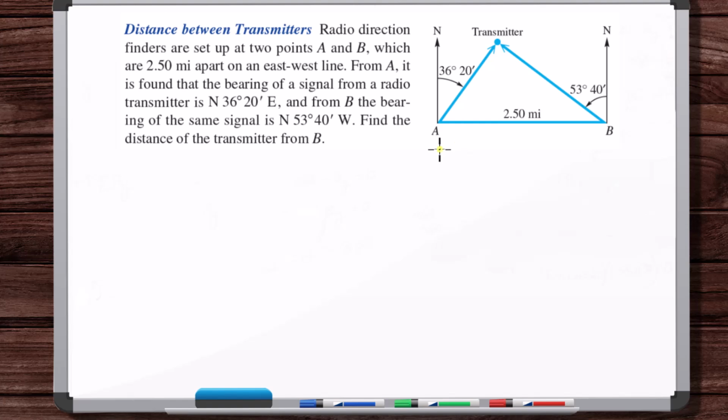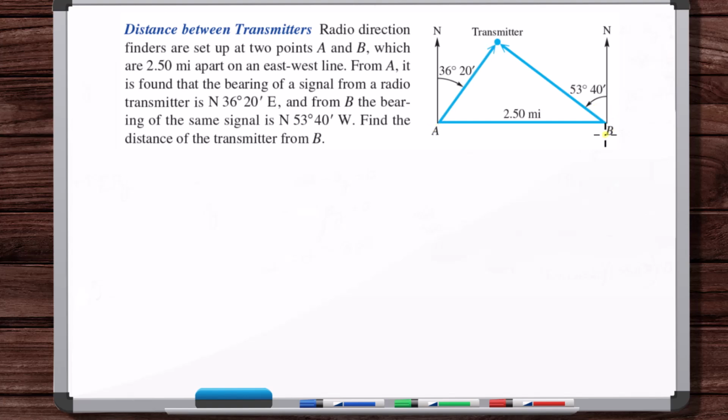So what does that mean? A bearing specified like that first gives the north or south direction, then an acute angle, and then either east or west. So you're to the east or the west of the north line here. This is 36 degrees 20 minutes east, the bearing of the transmitter from A.